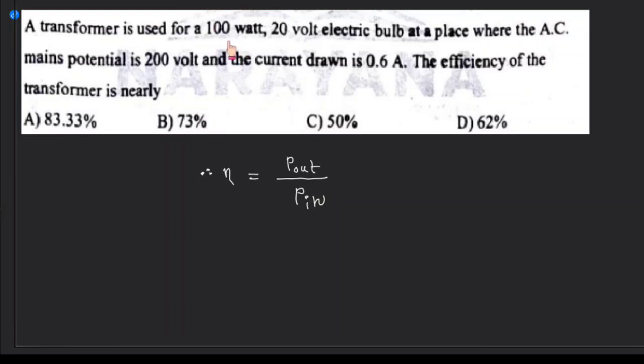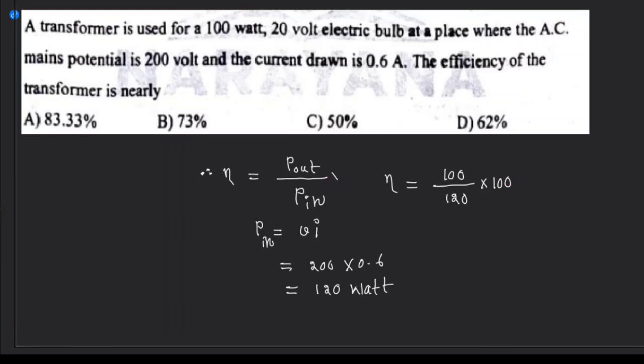So here the power output is decided already, that is 100 watt, and what is the power input? Power can be written as V into I, that will be the input. When we connect this, the current it draws, so power input is 200 into 0.6. 200 into 0.6 is equal to how much? 120 watt, right? Therefore, you could say efficiency is 100 by 120 into 100.